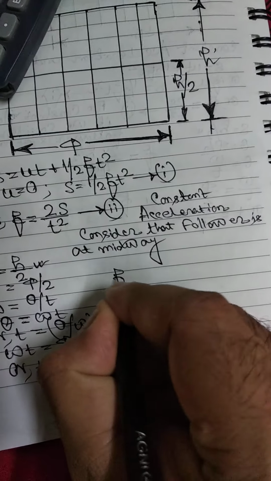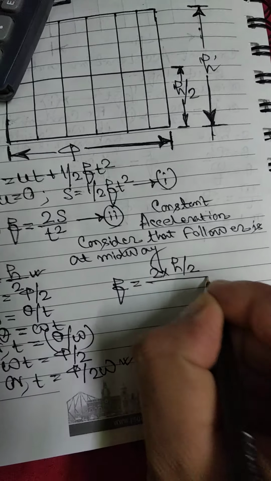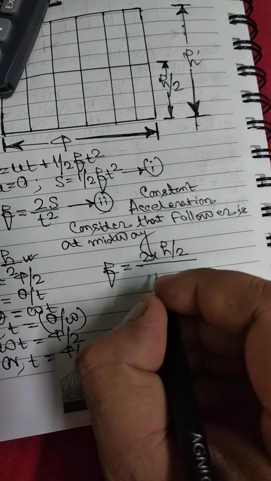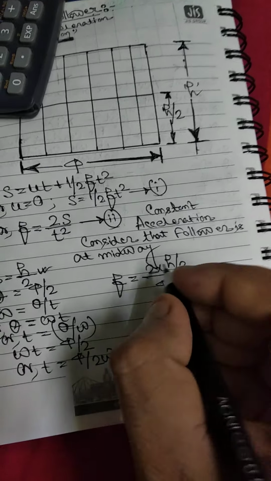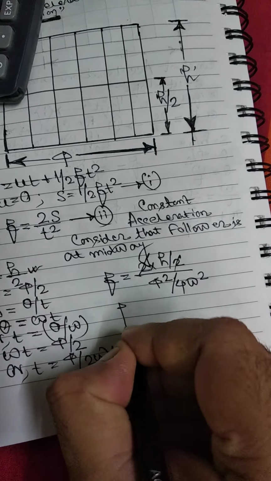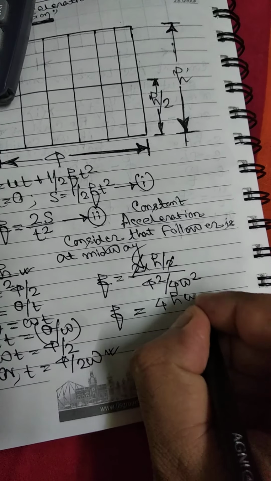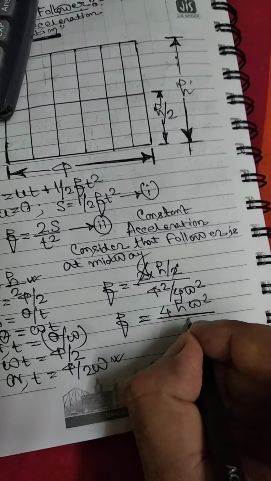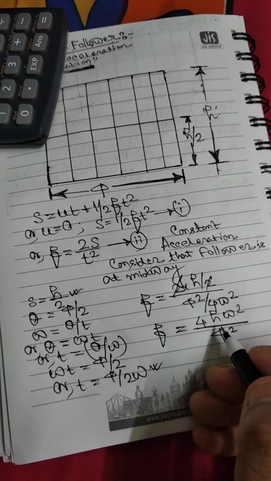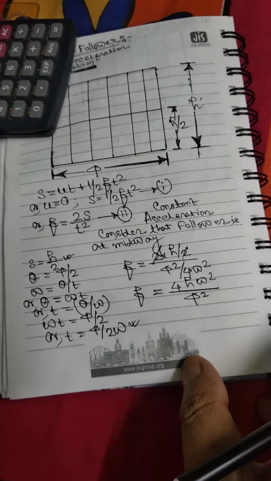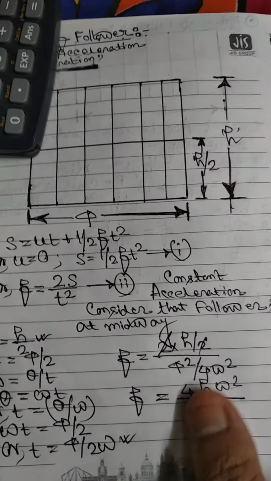Then we get f equals 2 into h by 2 divided by phi square by 4 omega square. So 2 will be cancelled out, and f equals 4 h omega square by phi square. This is the value of f.